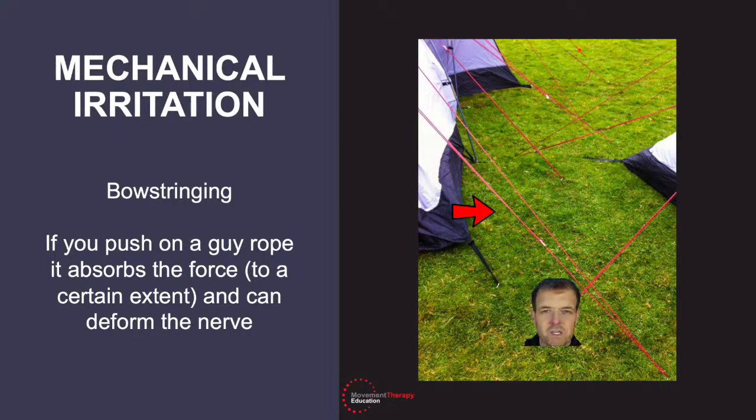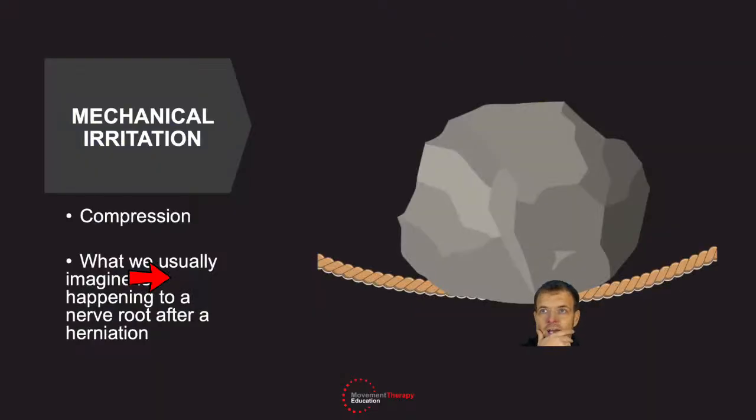So you'll get an irritation to the structure. And that will be exactly the same with the nerve. We'll get a deformation of the nerve as well. We can get compression. Again, we talked about this last time as well. So this is what we usually imagine is happening with a nerve root with a herniation. Okay, so it's basically being squished by something.